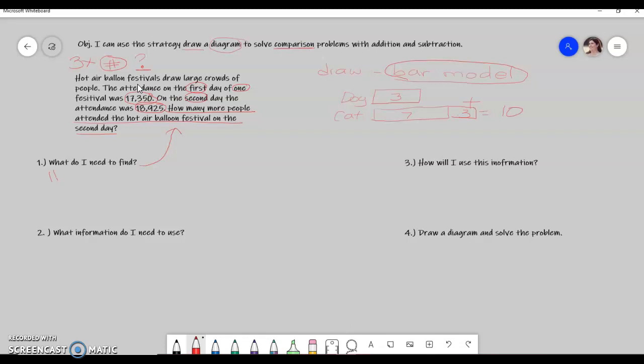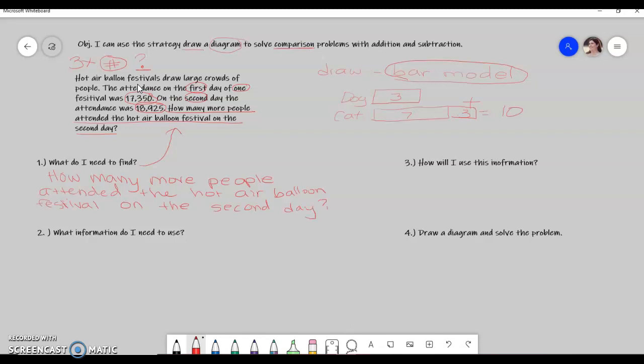So we need to find how many more people attended the hot air balloon festival on the second day? That is our question.